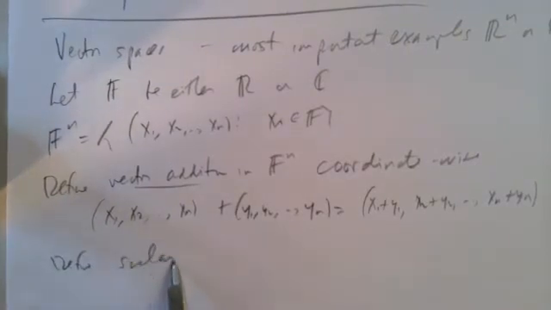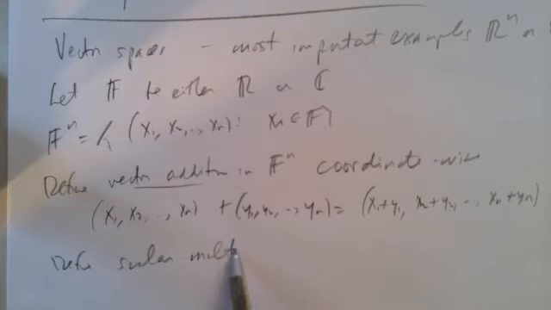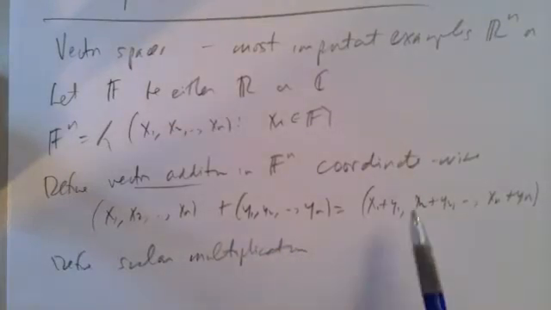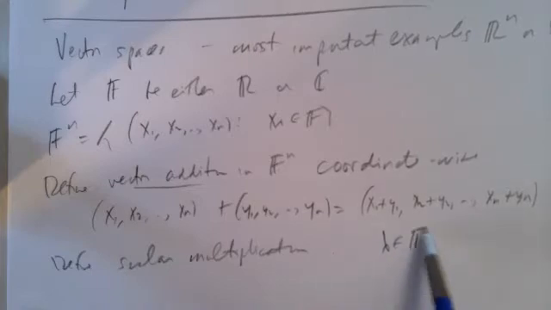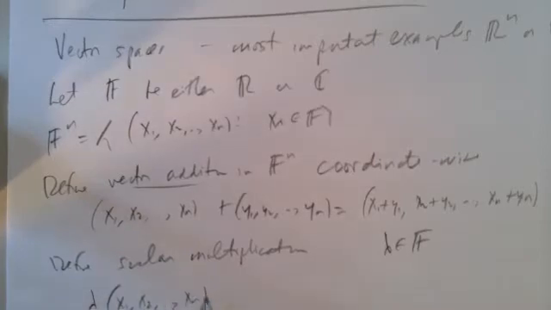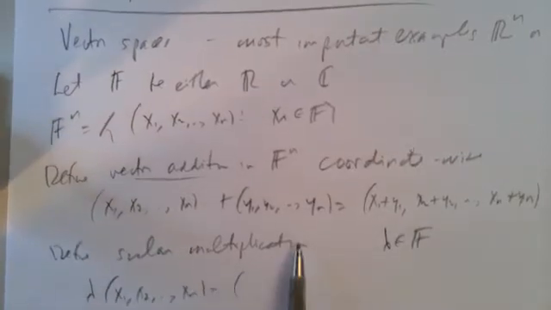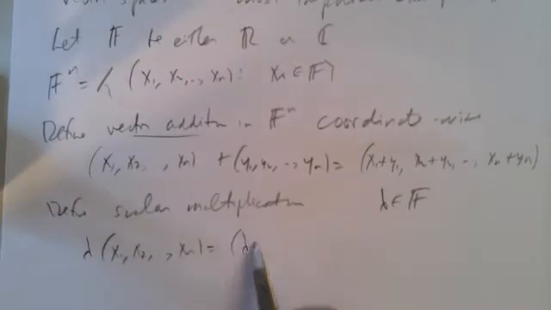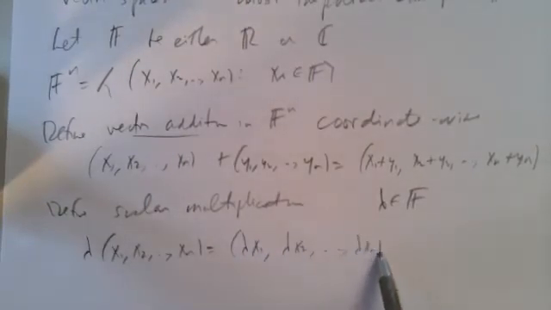And we define scalar multiplication. Scalar just means a number. So if lambda is a number in the field F, lambda times the vector is the vector you get by multiplying all n coordinates by lambda.